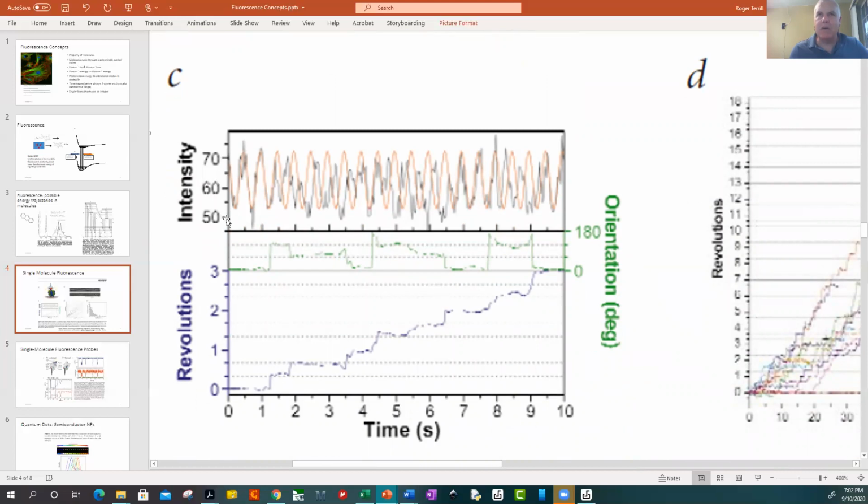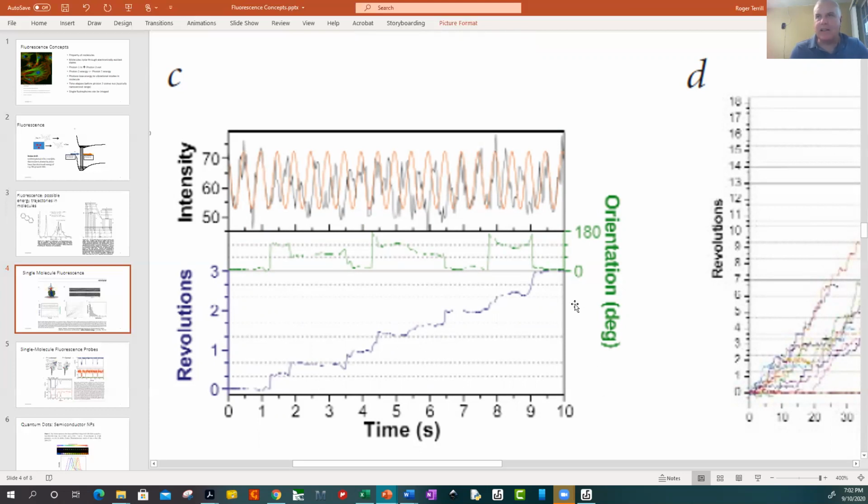I think when it goes around, from a peak to this peak here, that's one rotation. Right? And so this is like 1, 2. I don't really get this purple line.